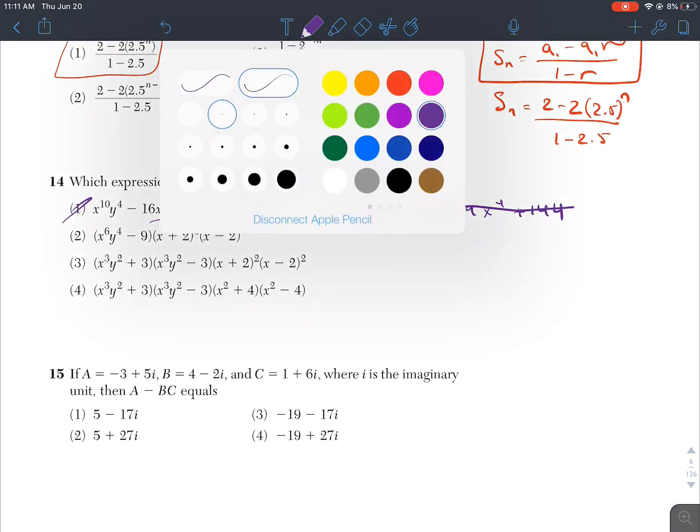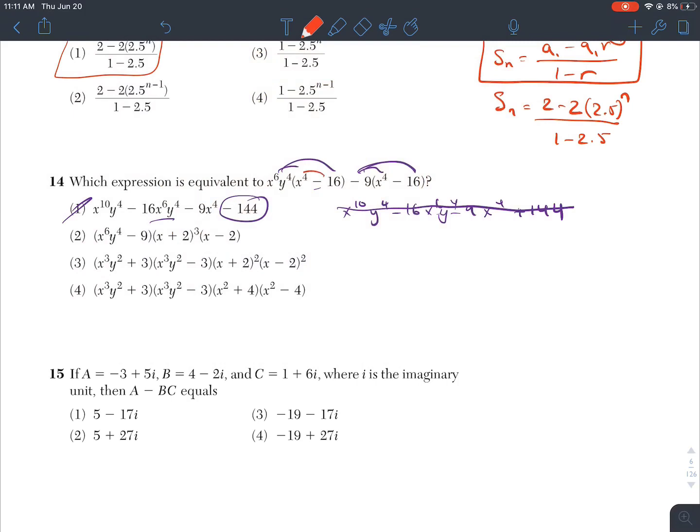So I think actually the best way to do this one is you can recognize that since this and this are in common, it looks like somebody's been doing factoring by grouping. So you get x to the 4th minus 16 times the leftovers, x to the 6th, y to the 4th, minus 9. Now each of these can be factored one more time using a difference of squares, so you get x squared minus 4 times x squared plus 4.